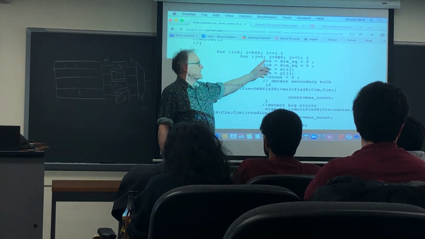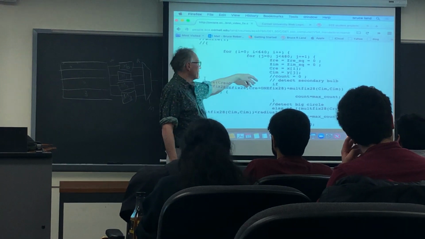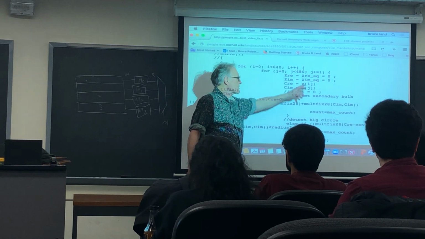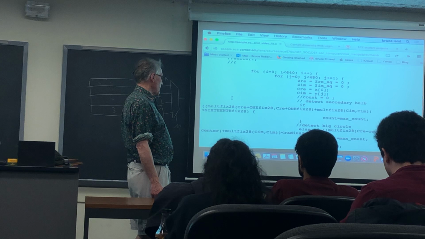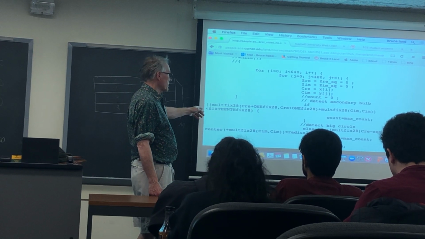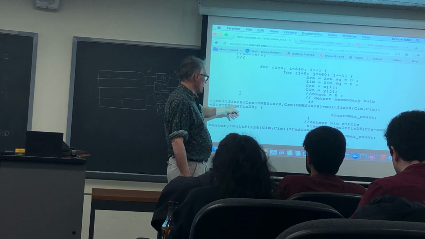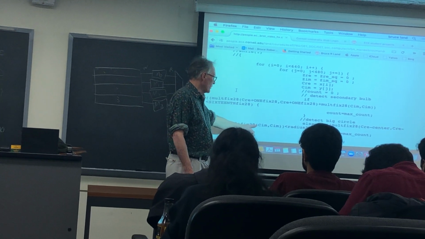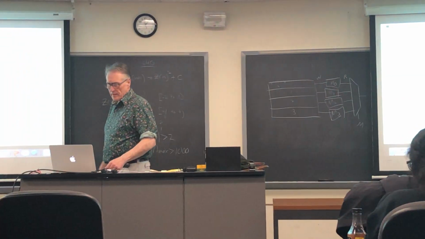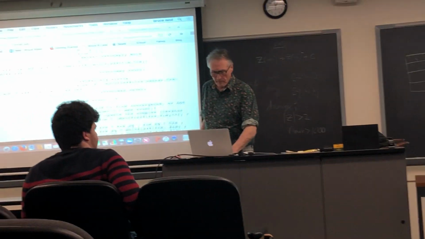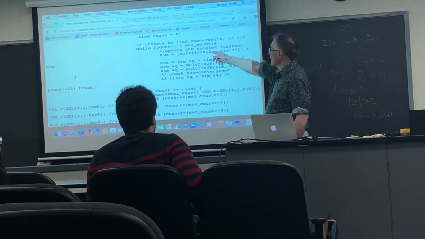I'll show you an optimization that cuts down the number of multiplies somewhat, and that's what these squares are for. And then we detect the secondary circle, the secondary bulb, and the main bulb to see if this is trivially inside the set. And if it's not inside the set, then we iterate.